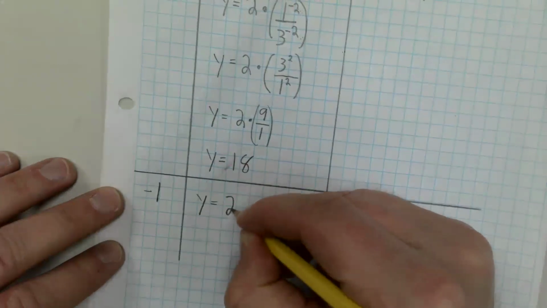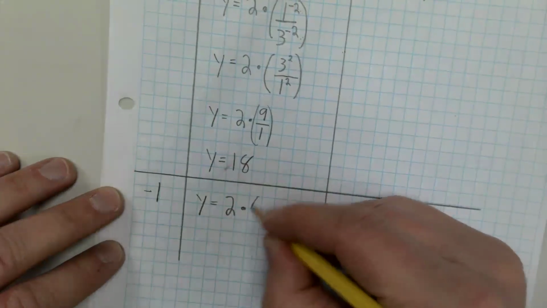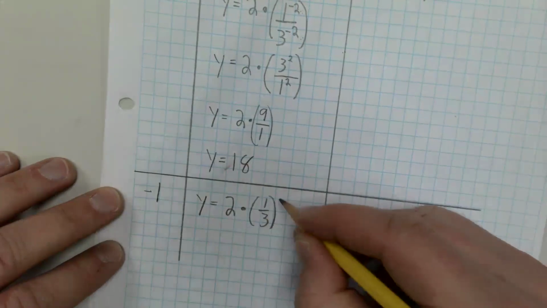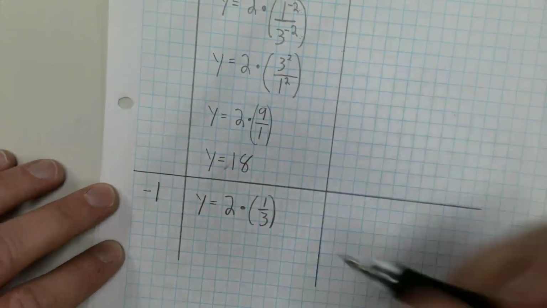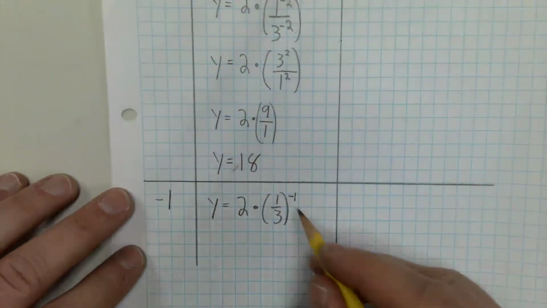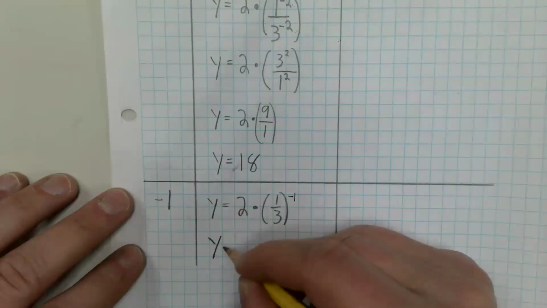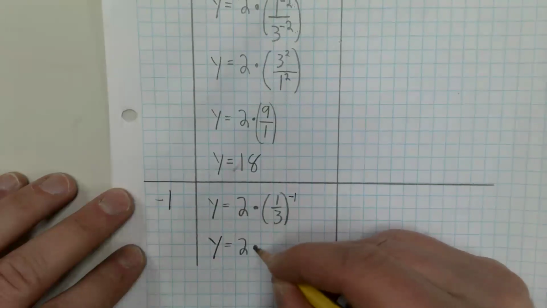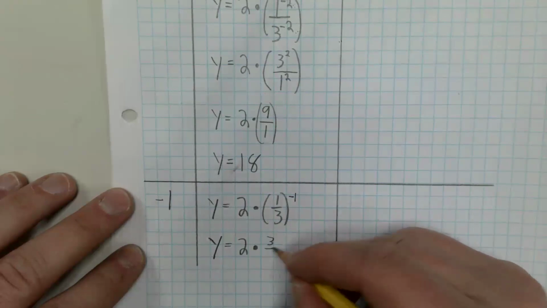Okay, let's do the next one, which is -1. Y equals 2 times 1/3. In place of x, I'm going to plug in -1. And what's going to happen here, instead of just redoing all those same steps, this is going to turn into y equals 2 times 3 over 1.